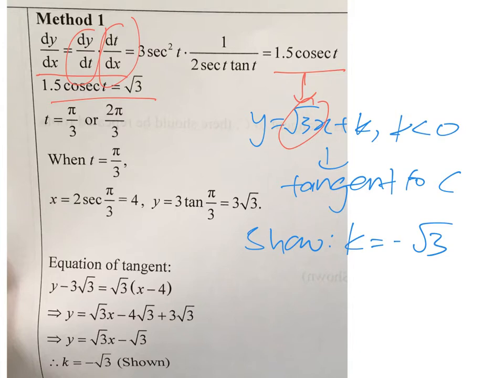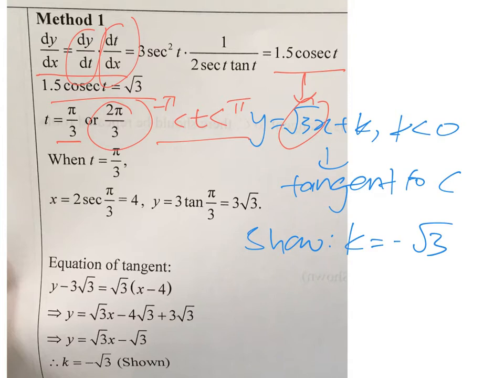Now, the majority of the students were able to obtain t equals 1/3 pi, but forgot that t can also take the value of 2 pi over 3. Since in the question, we were told that t is a value between negative pi and pi, and 2 pi over 3 falls within this interval, this is an acceptable value of t that we should also take into consideration.